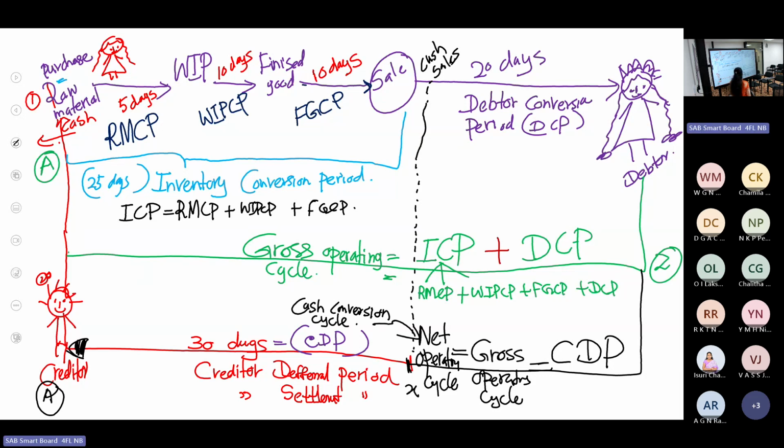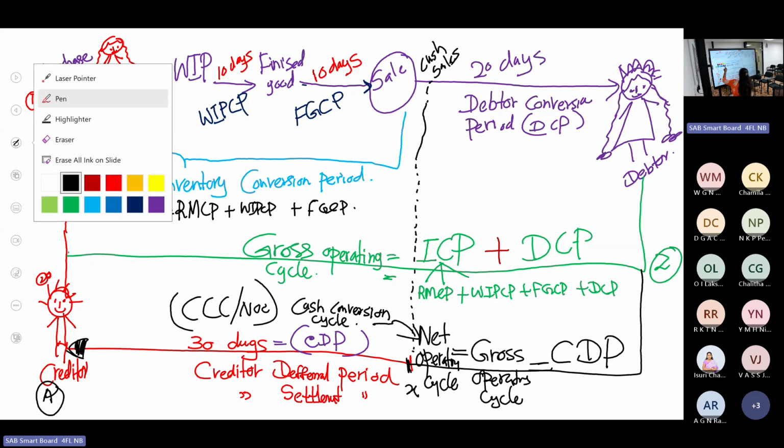Cash conversion cycle, so the letters are CCC or NOC. In this particular example, we'll find out the NOC. GOC is how much?